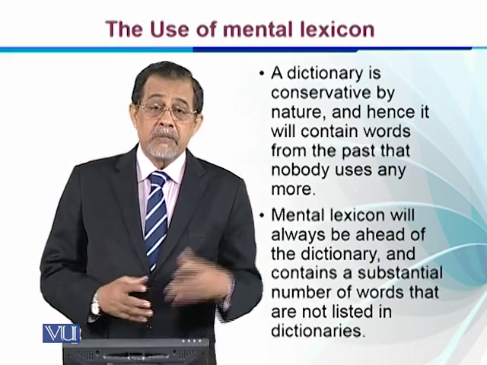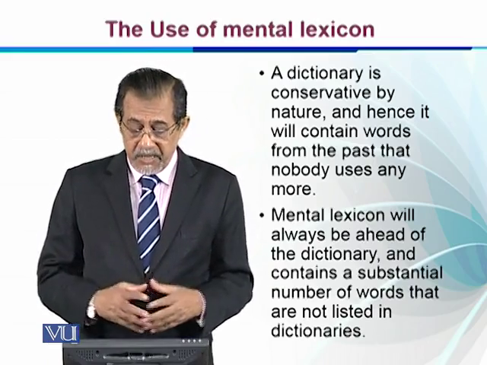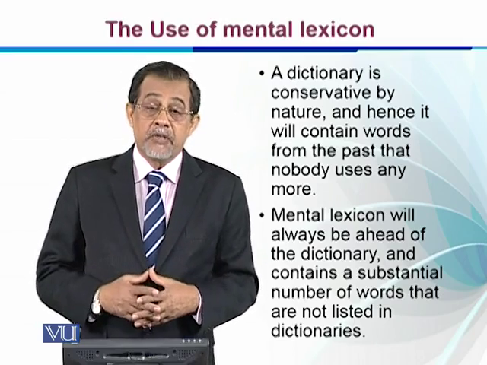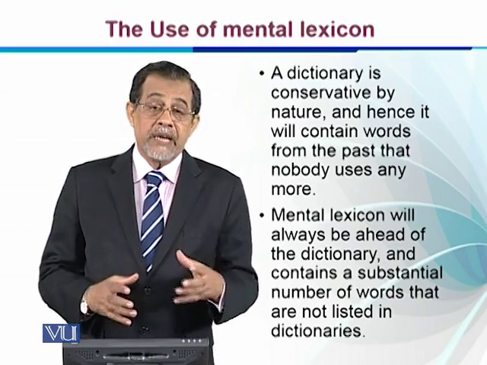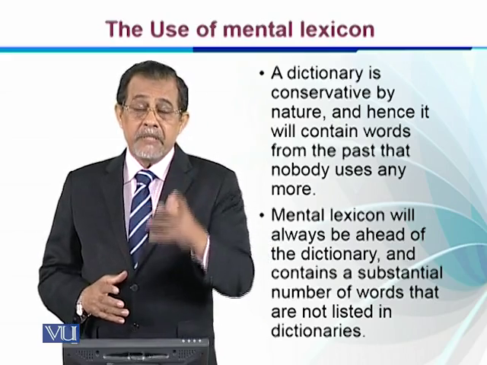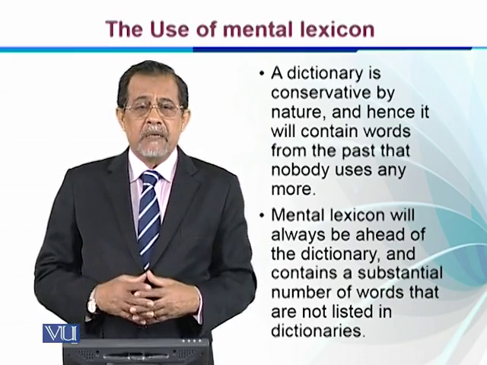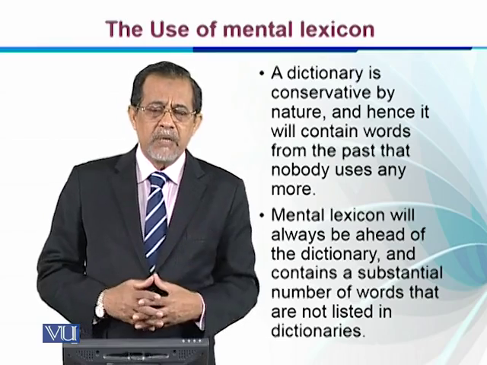Compared to this, the mental lexicon will always be ahead of the dictionary and contains a substantial number of words that are not listed in dictionaries. There are many words which we use in our daily interaction which are not found in any dictionary. However, it is hoped that with the passage of time, they will be given importance and will be added to our dictionaries.